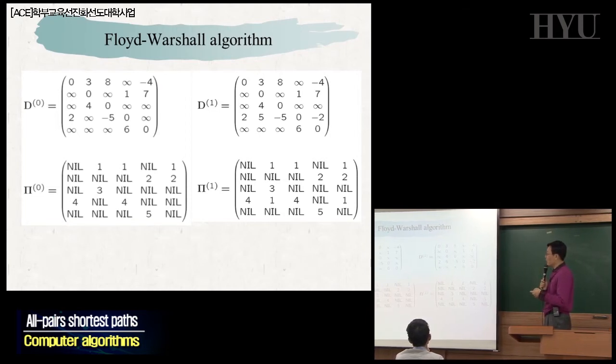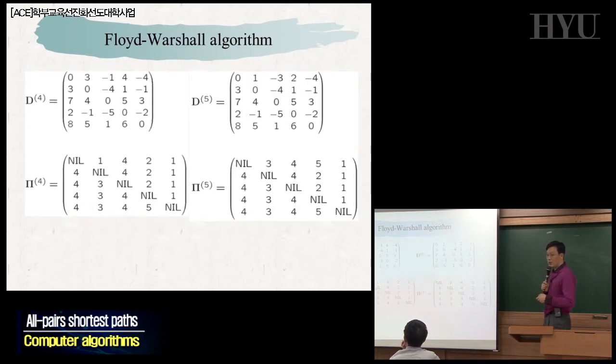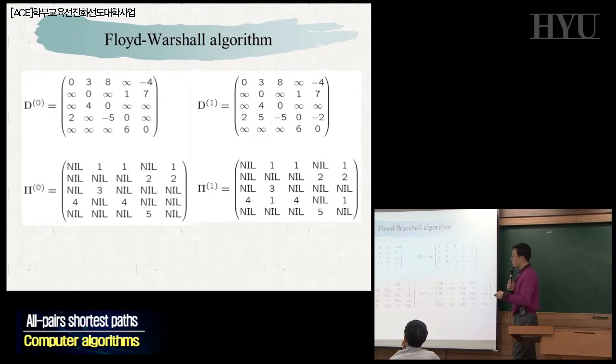And then we calculate D1 and pi 1 from the previous matrices, and then D2, pi 2, D3, pi 3 in this way. So first I will explain the D matrix only, the shortest path distance matrix.